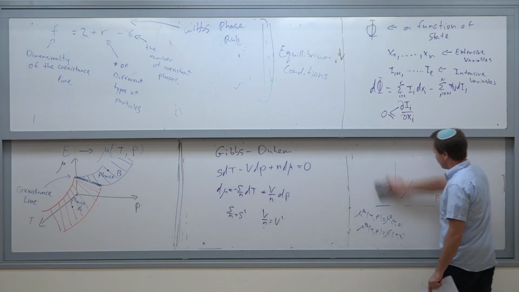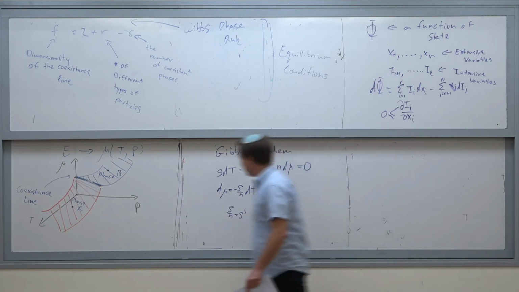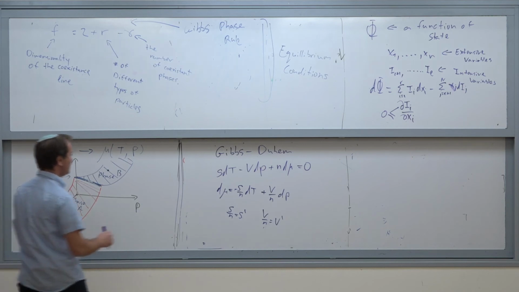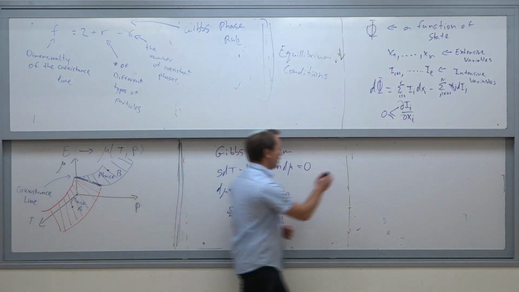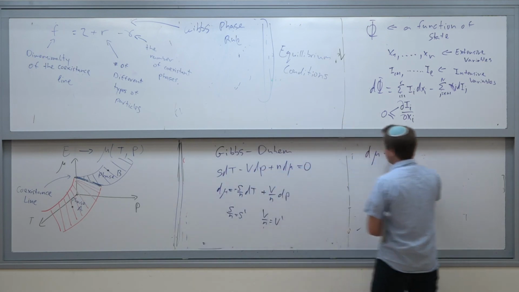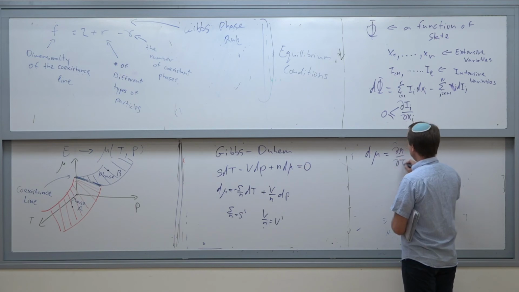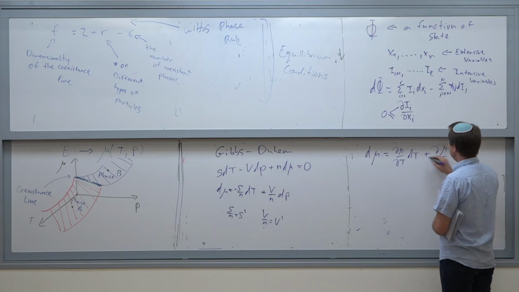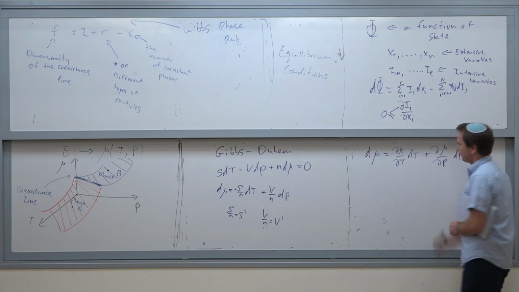So from this equation, we immediately see what is the derivative of mu with respect to t and of mu with respect to p. Why? Because if we write d mu, it equals ∂mu/∂t dt plus ∂mu/∂p dp.